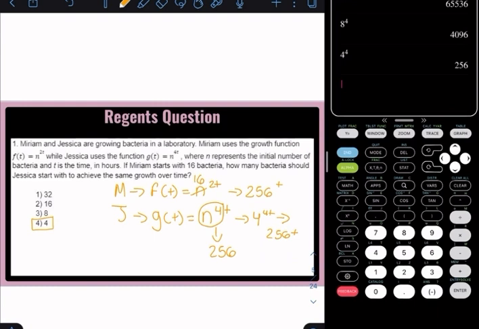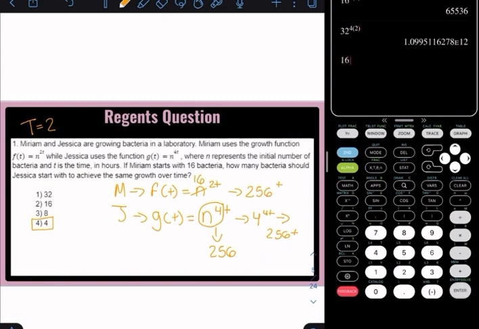Another way we can do this is we can make t equal 2. For all these problems, we're going to make t equal 2. So for the first one, if we have 16 raised to the 2 power, we would end up with that number. And now let's try each of the answer choices. If I try 32 raised to the 4th power with t as 2, that would not be the same number.